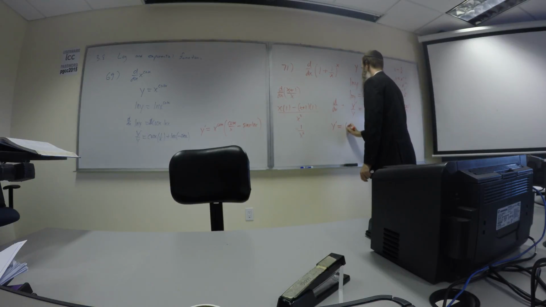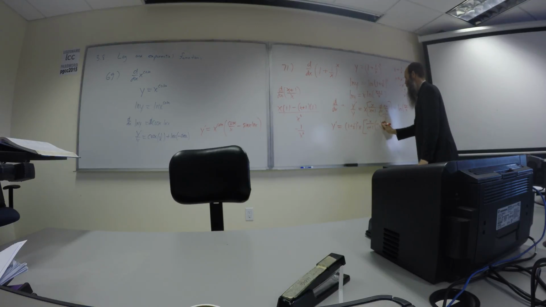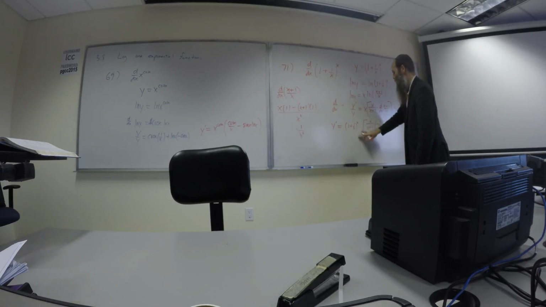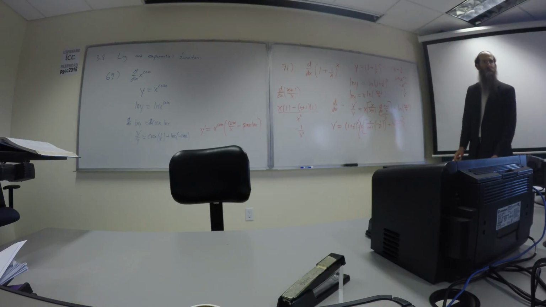So y is back to the original, 1 plus 1 over x to the x, multiplied over here, times this x over x plus 1, times the derivative, negative 1 over x squared, plus the ln of x plus 1 over x. And we'll put a bracket over here. The y is multiplied onto the entirety of the thing.